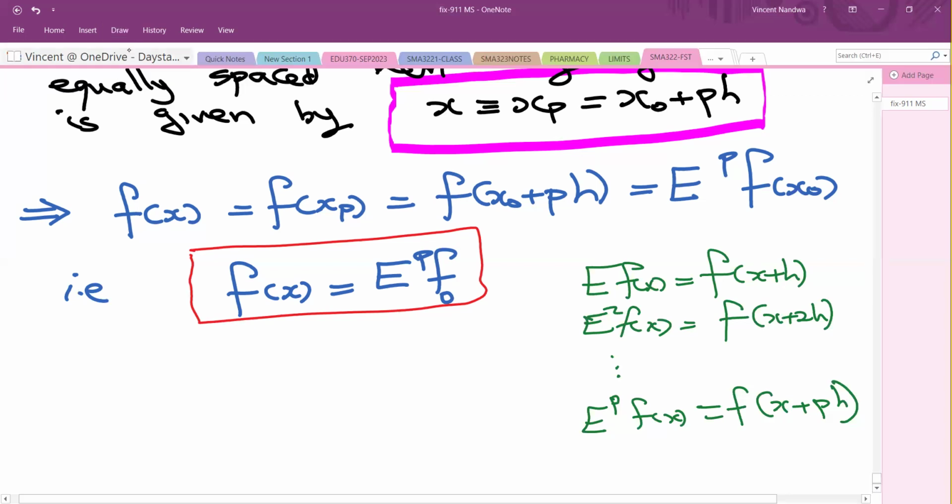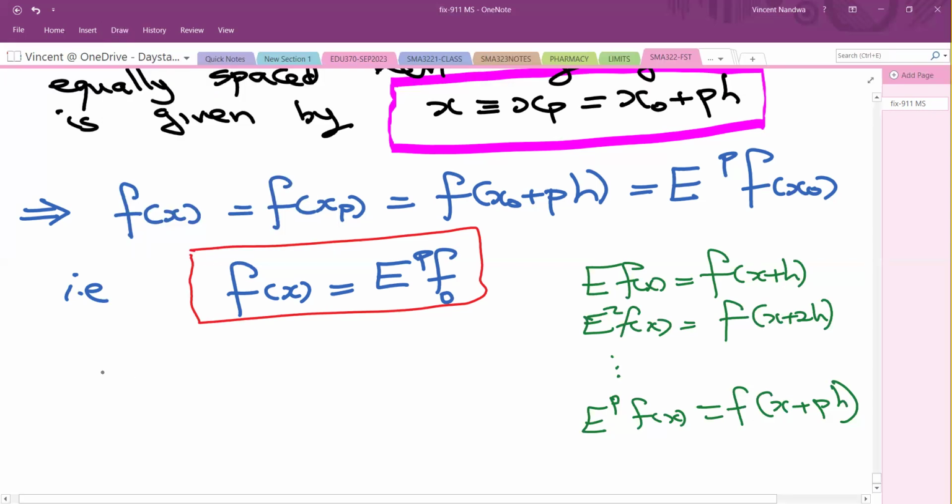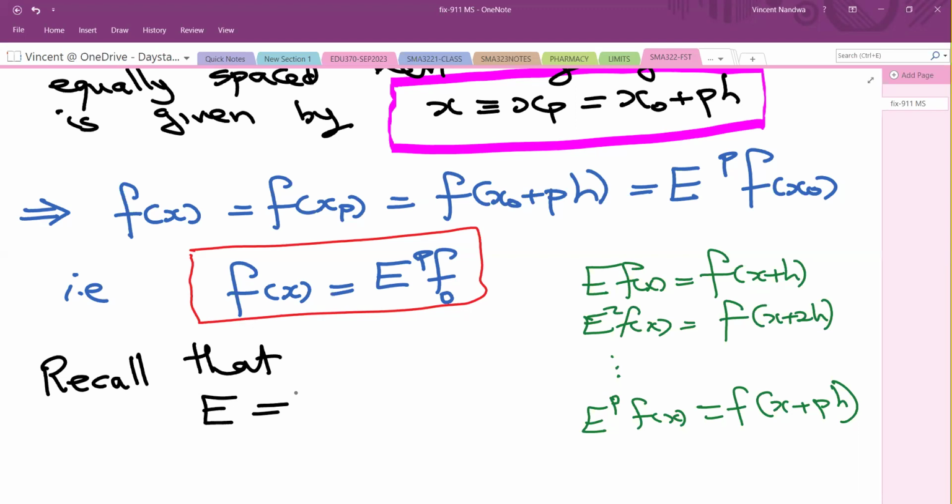So with that in mind, also recall: how can we write the shift operator in terms of the forward operator?